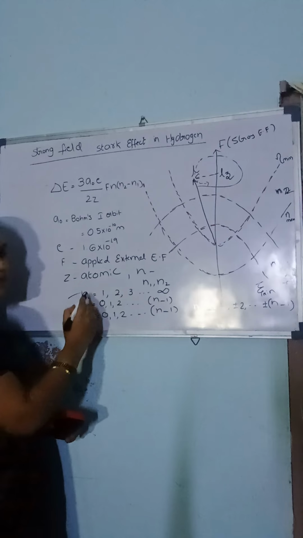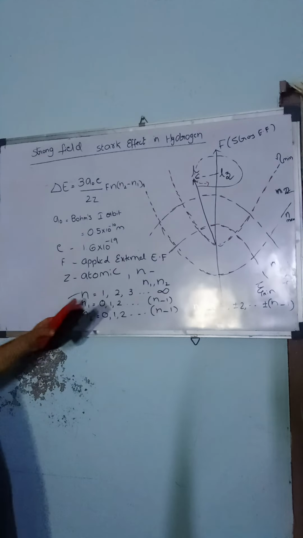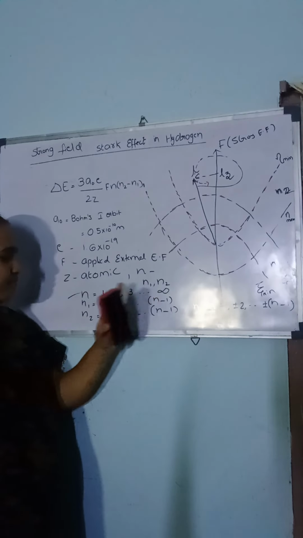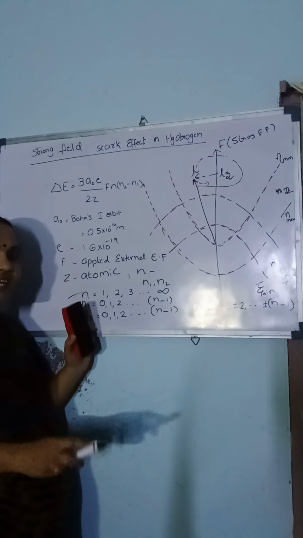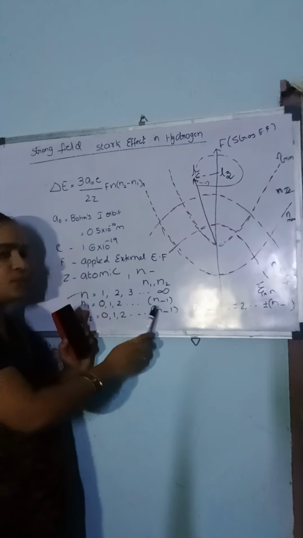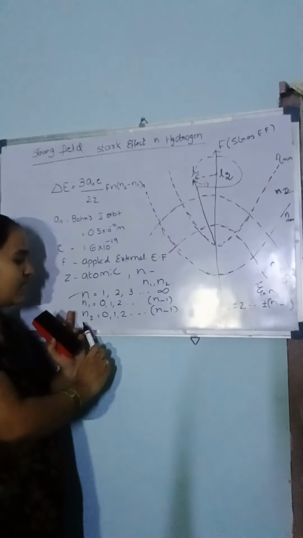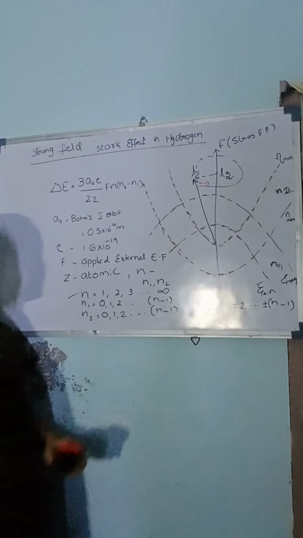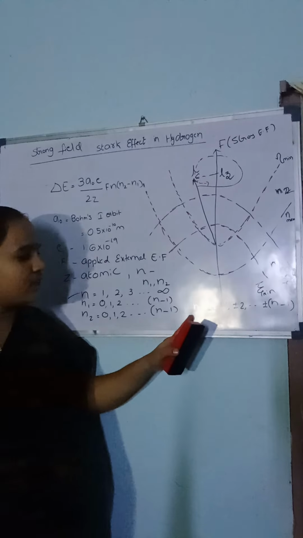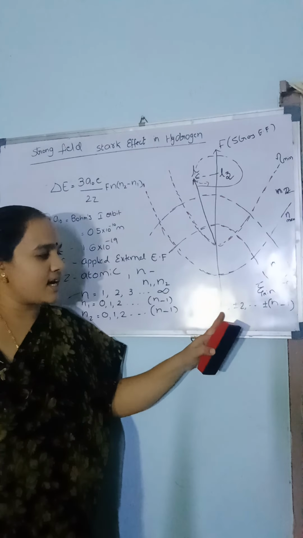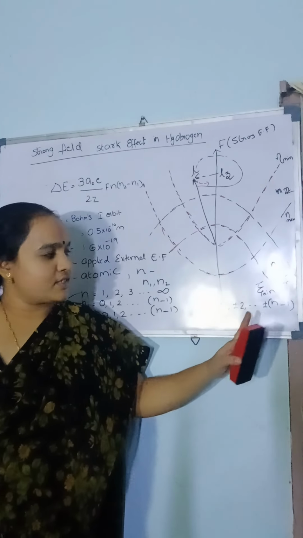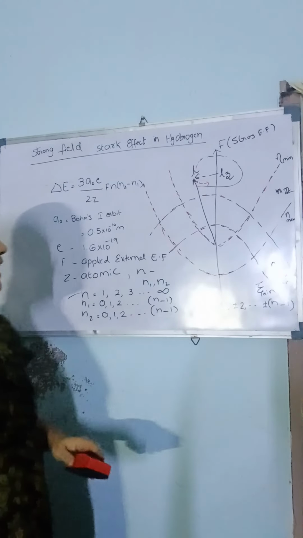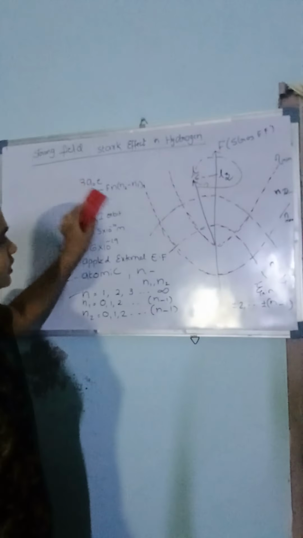So the possible n values are 1, 2, 3 and so on to infinity. n1 values are like l values: 0, 1, 2 and so on up to n minus 1. n2 is equal to 0, 1, 2 and so on up to n minus 1. And the ml value is 0, plus or minus 1, plus or minus 2 and so on up to plus or minus (n minus 1).